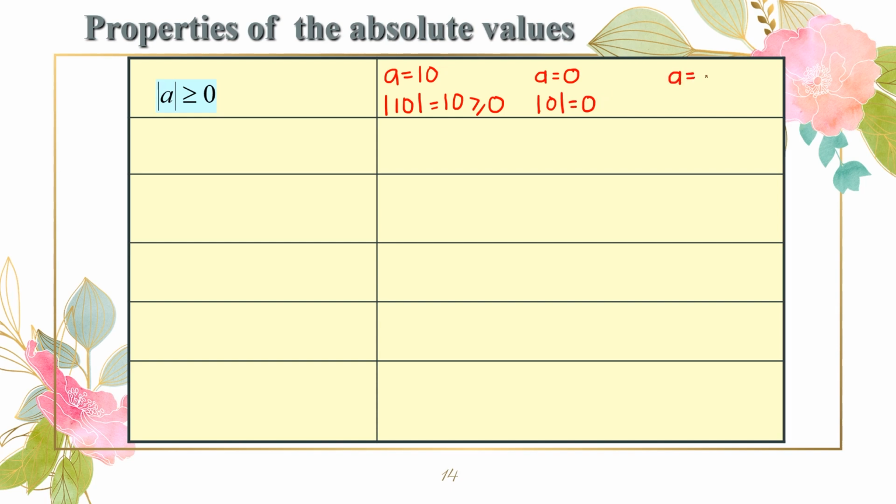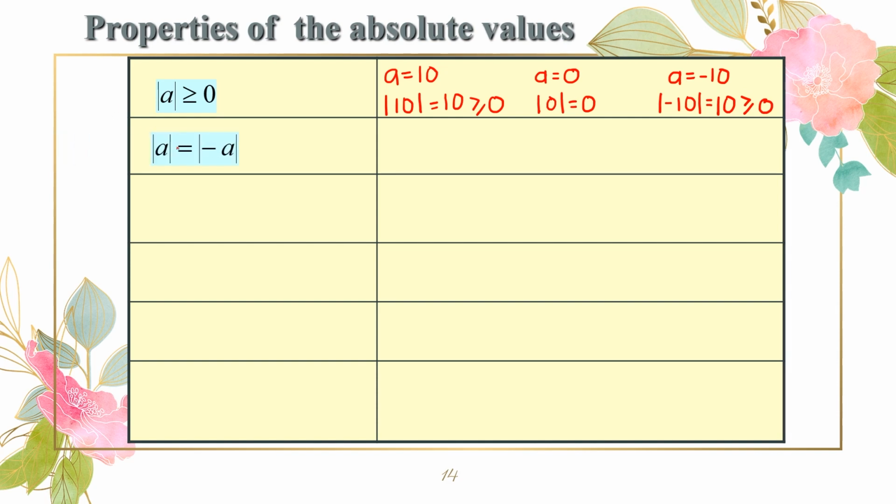If a is a negative number, for example, negative 10, so absolute values of negative 10 will give us a positive number, which is 10, which is also greater and equal 0. Let's look at the next properties.